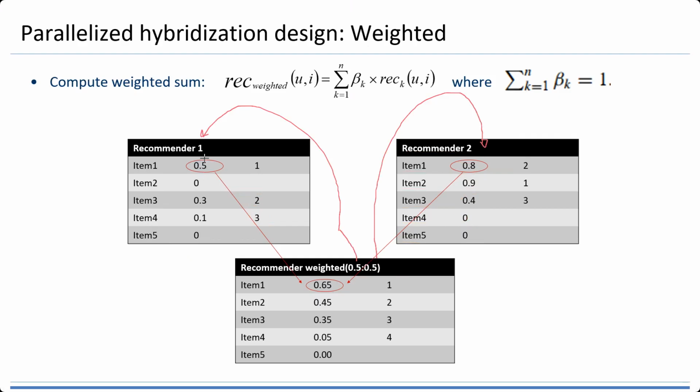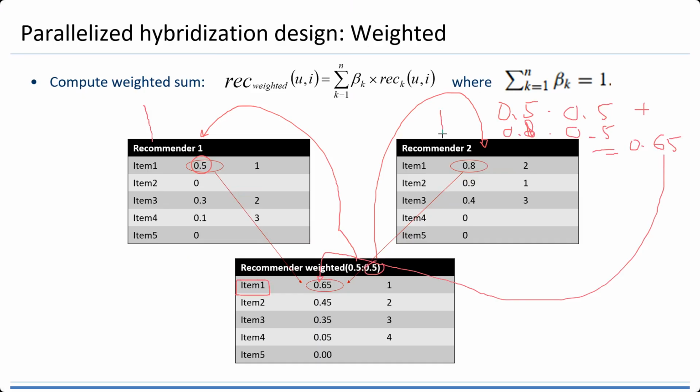Then 0.5 here multiplied by 0.5, plus 0.8 multiplied by 0.5, which is the weight. Then you will get a value like 0.65. This will be the new number for item 1 after we combine recommender 1 and recommender 2.